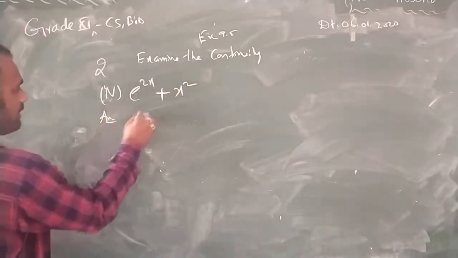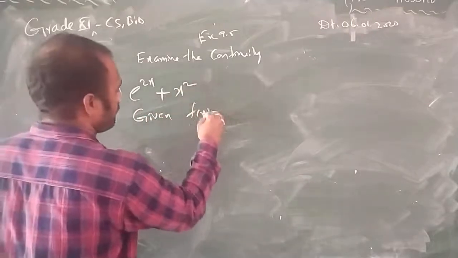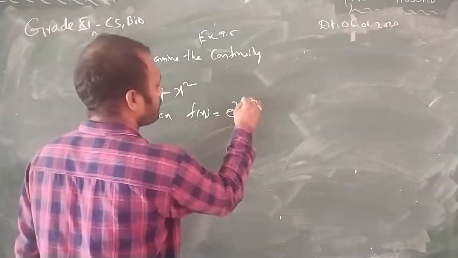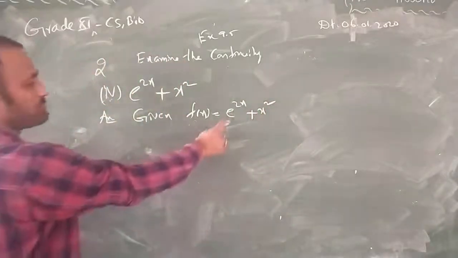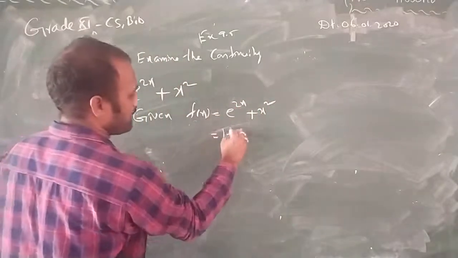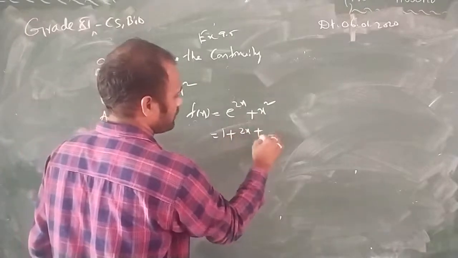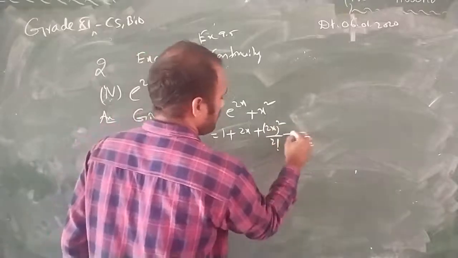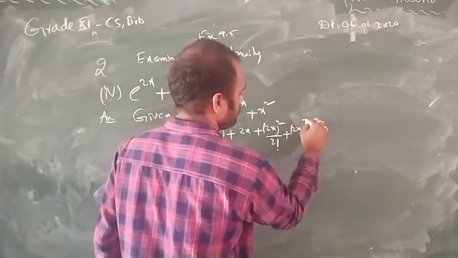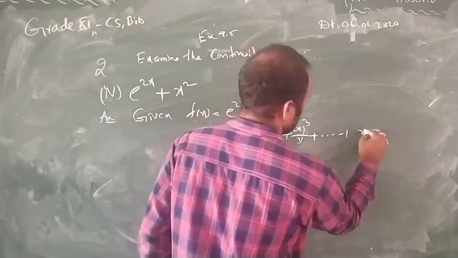Answer: given function f of x is equal to e power 2x plus x square. So it is an exponential function. We have the formula 1 plus x by 1 factorial, that is 2x plus 2x square by 2 factorial plus 2x cube by 3 factorial and so on, plus x square.